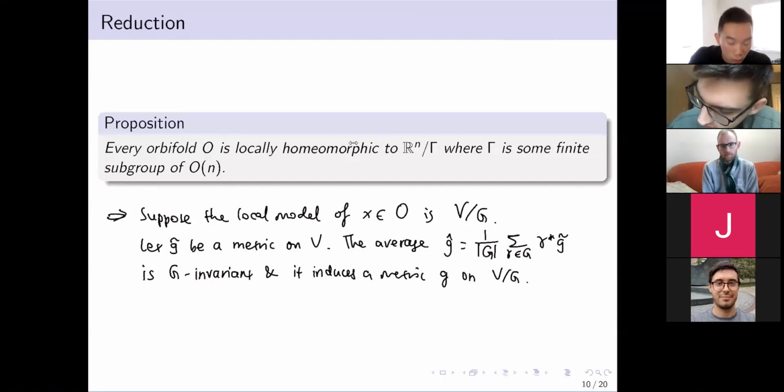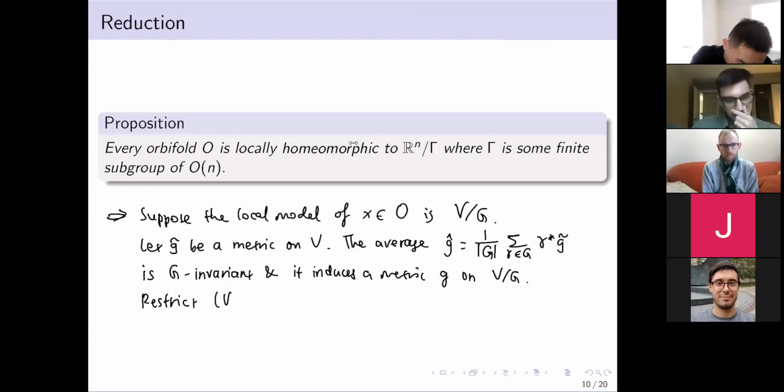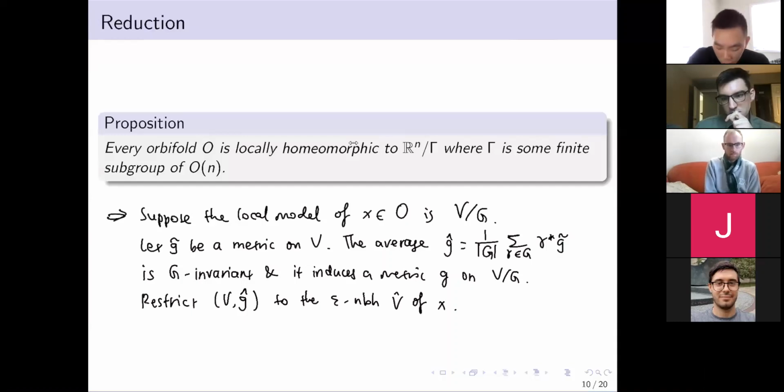And then I can restrict, G not tilde anymore, this one is the average one, to, let's say, the epsilon neighborhood. I'm gonna call this V hat of X. Perhaps it's not really X, because X is in the orbifold.